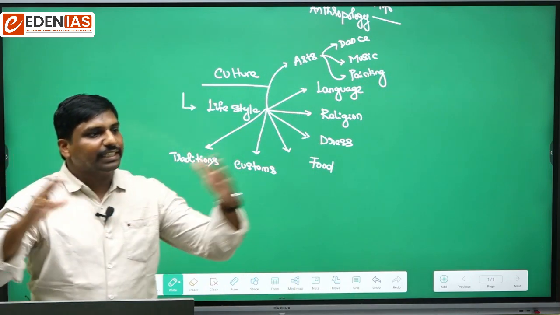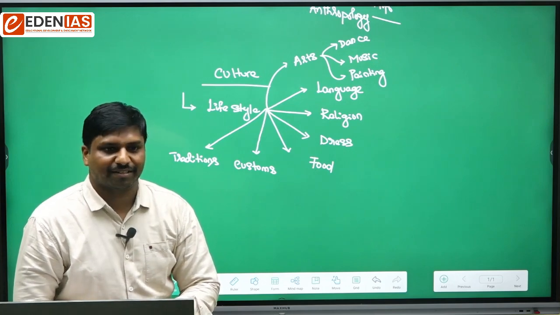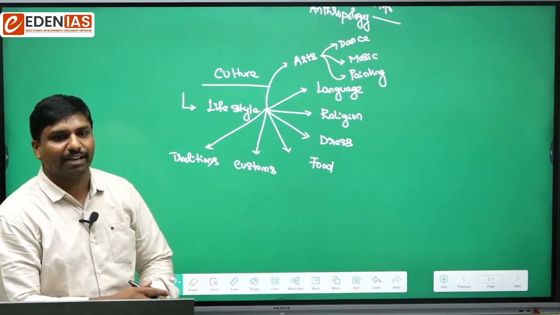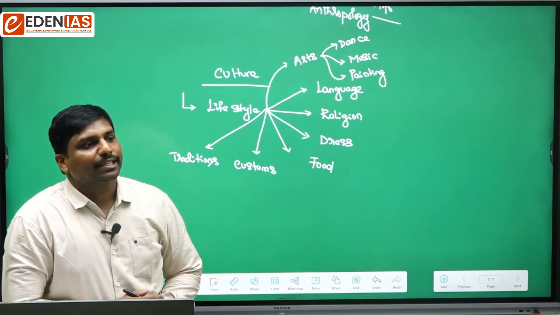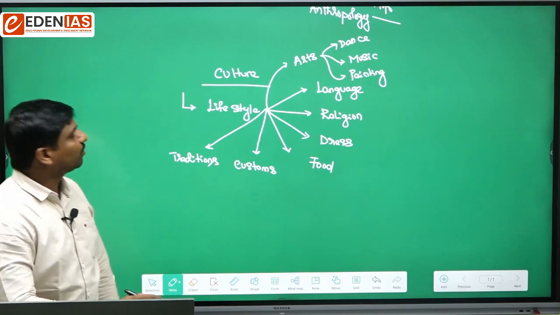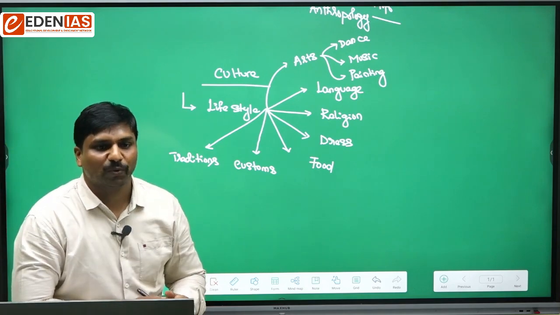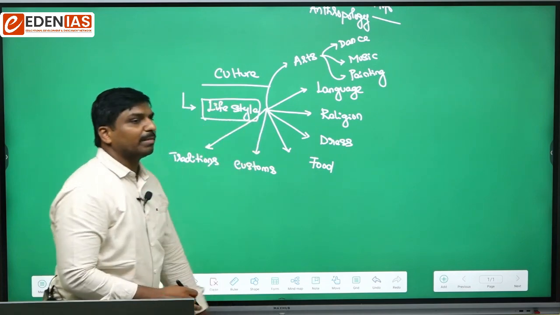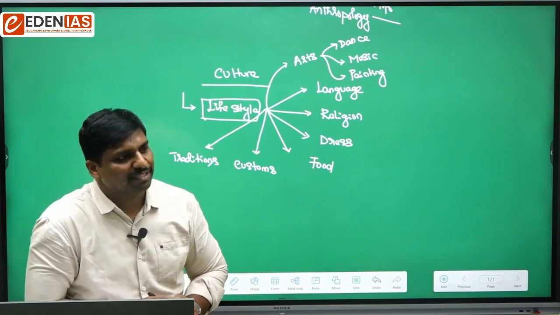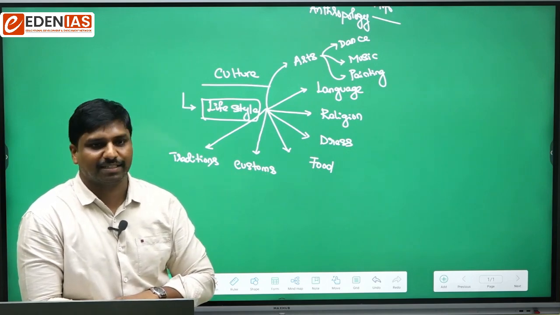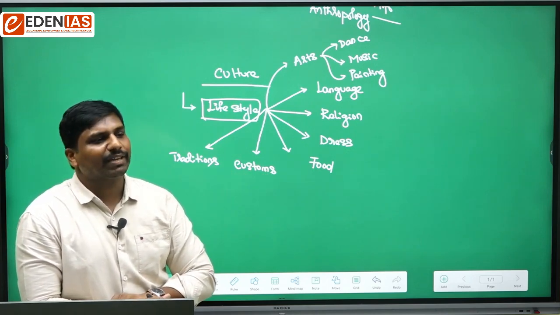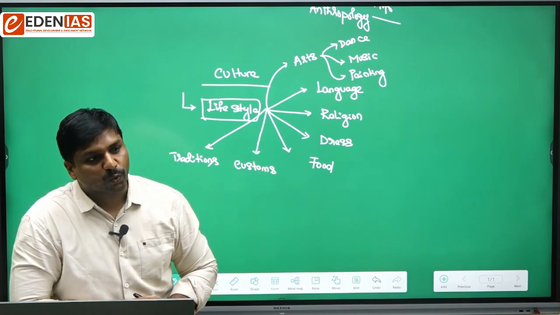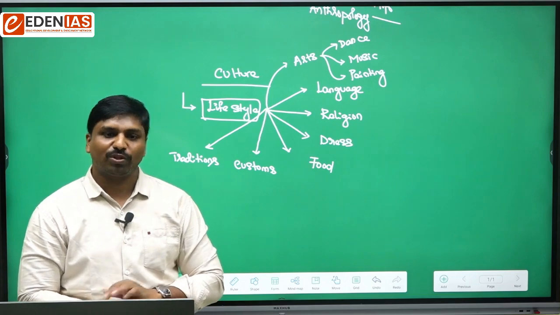All of these are part and parcel of culture. That would be a core concept which subsumes under the lifestyle of an individual. These things we have to study in a systematic manner. In a simple manner, remember, culture is nothing but lifestyle. In layman's terms, we can say so. In a systematic way, we can say that it is the total way of living of the people of a society. That is the basic thing about culture.